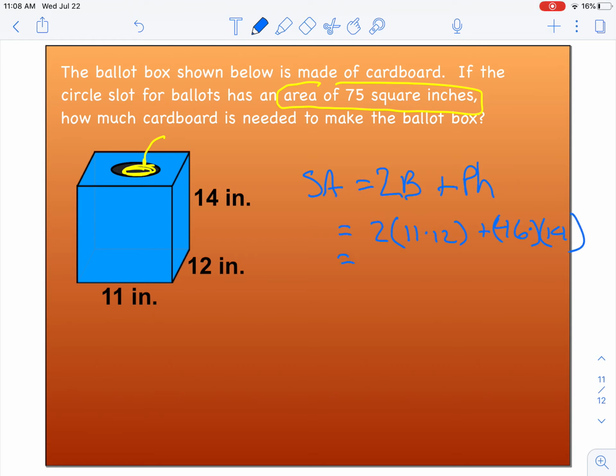So I get 11 times 12 times 2 is 264, and I get 46 times 14 is 644.